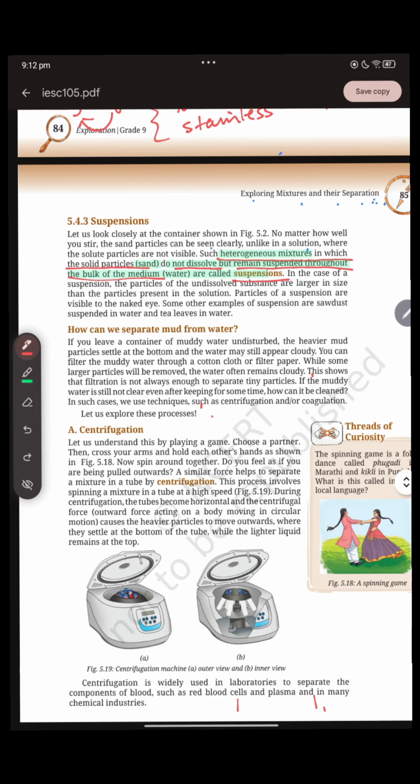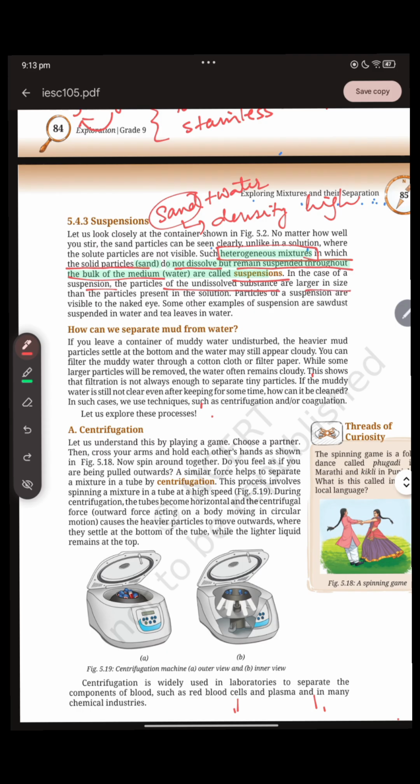Example is sand and water, where sand particles are highly dense in nature. So when I say sand and water, the basic thing is they form a suspension, that is a heterogeneous mixture, where the density of the sand particles is high and they settle at the bottom. They settle at the bottom because they are not dissolved. Sand particles are undissolved.